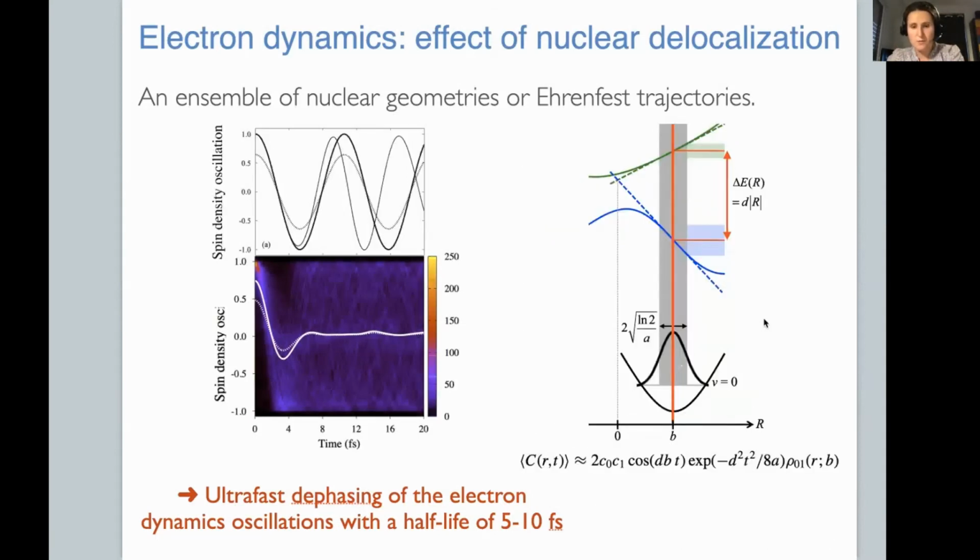And for this, we proposed a very simple analytical model that is able to relate the coherence half-life and some physical properties of the system, such as the nuclear wave packet width and the relative slope between the populated states. Therefore, if we want to understand it or to control it and try to have an effect on it, it's important to understand where it's coming from and how we can affect this.